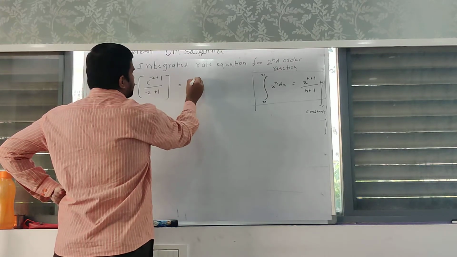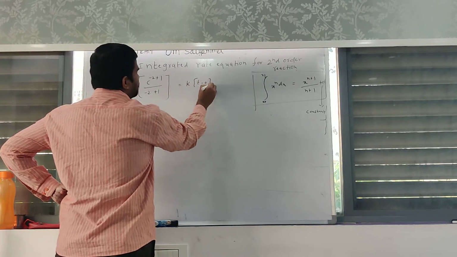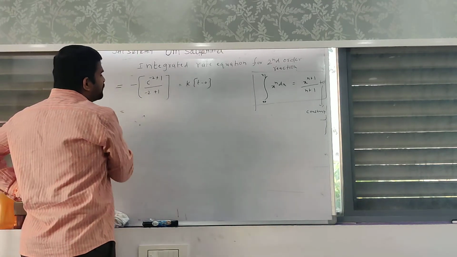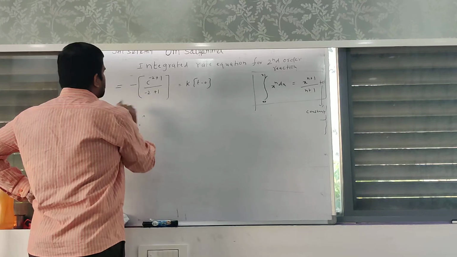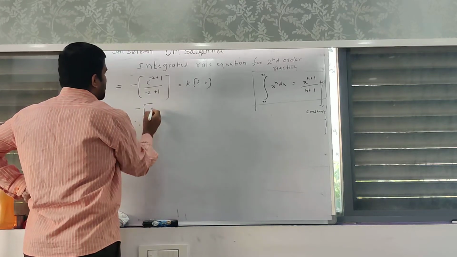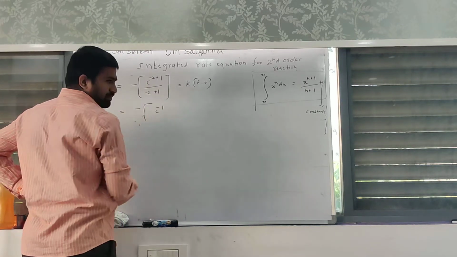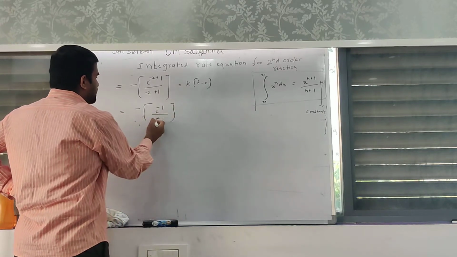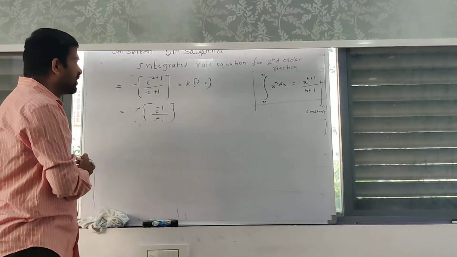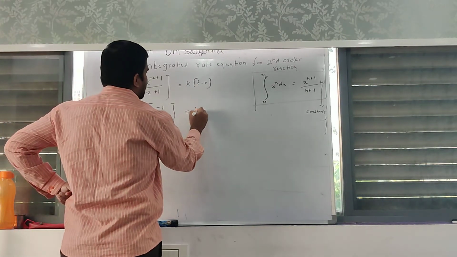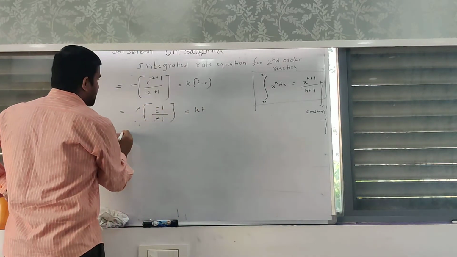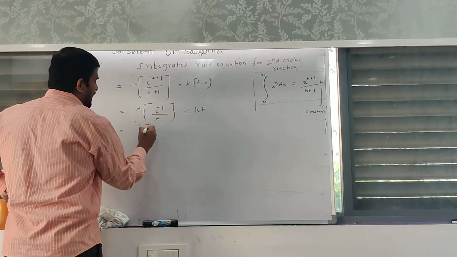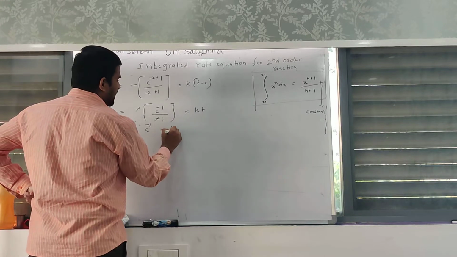k into t minus 0. Here you can observe the negative power: c minus 2 plus 1 is c minus 1, and minus 1 over minus 1, this minus sign cancels. Finally you get the equation c minus 1 is equal to kt.